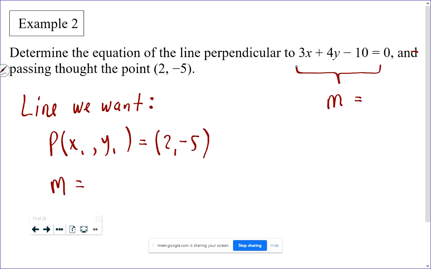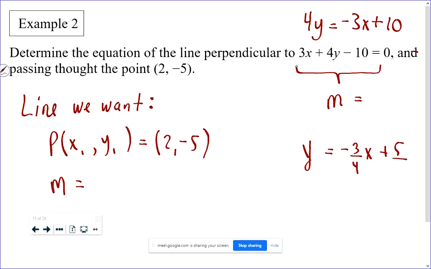We rearrange it for y, and the reason we rearrange it for y, divide everything by 4, 10 over 4, not that it matters. 10 over 4 is 5 over 2. We don't really care about that anyway.